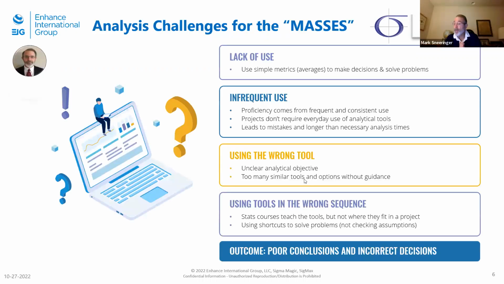Sure. So as we pointed out in our last webinar, statistical analysis tools have gotten more user-friendly over the years. However, there are challenges that still make it difficult for many people to achieve useful outcomes. Often these statistical tools aren't used even though the data are available. Decisions are getting made based on averages or single numbers, so the more in-depth assessments that are possible if the variation of the data is taken into account just aren't happening.